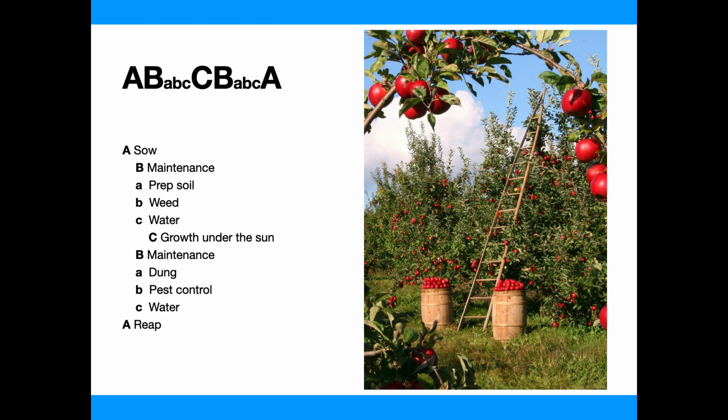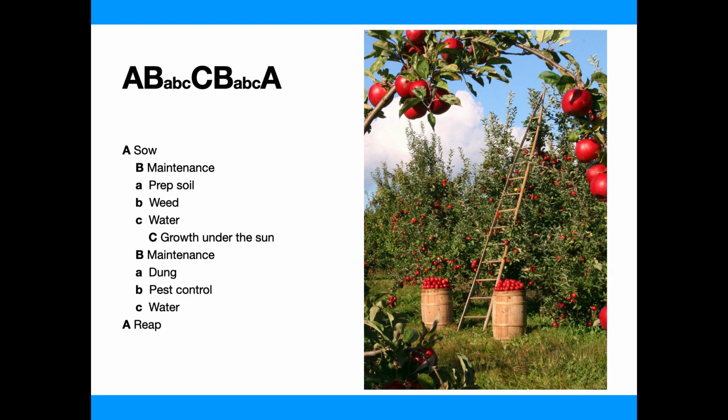So in the maintenance category, we have prep soil for the first one, and then dung for the second parallel. Prepping soil means we're going to dig and add amendments and nutrients to the soil, but then throughout the season or the years, the trees are going to deplete some of those nutrients, and so you need to dung around it to fertilize and keep adding things.